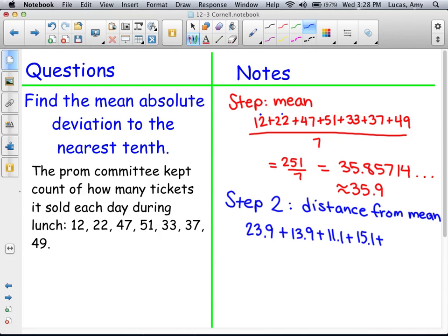So now I've done 1, 2, 3, 4 of them, so I'm up to 33. That one is 2.9 units away. 37 is 1.1 units away.